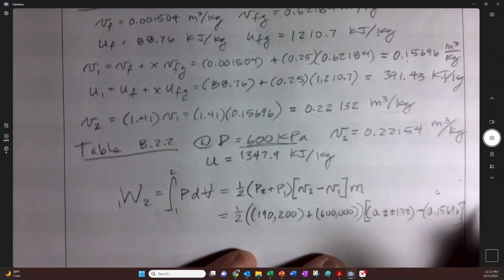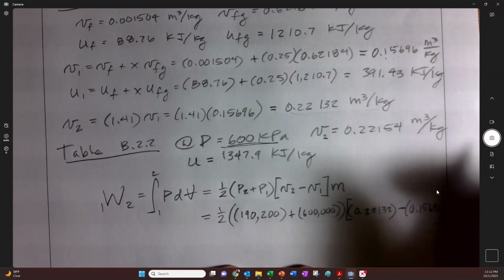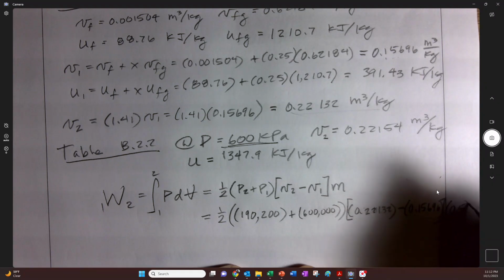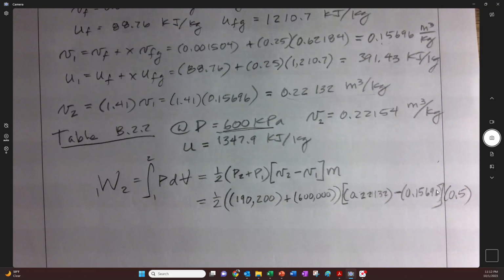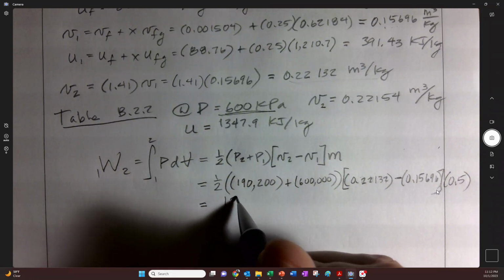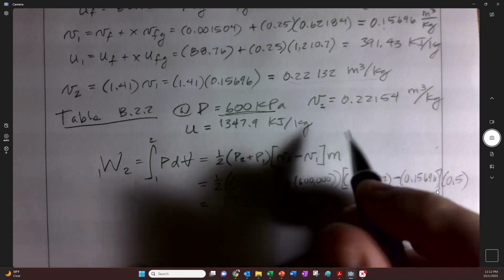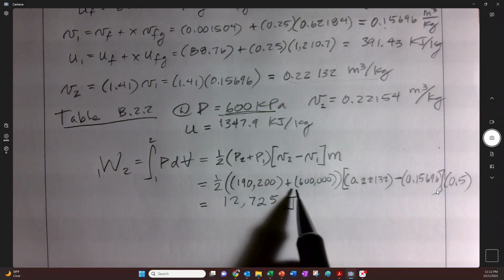And then, of course, I don't know why we have the margins if we're not going to pay attention to them. Okay, whatever. They told us it was 1/2 kilogram. Did I say that anywhere yet? No, I guess not. Anyway, what we'll find is 12,725 joules, right? Because that's Newton meters.